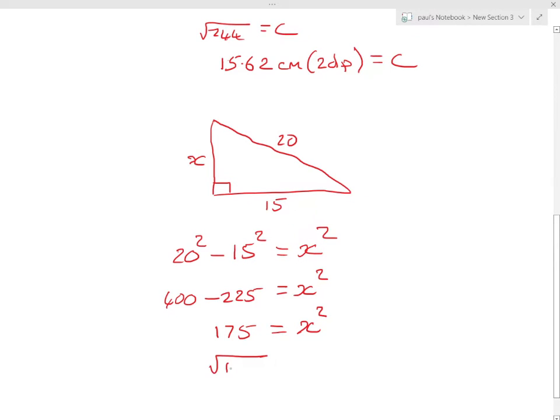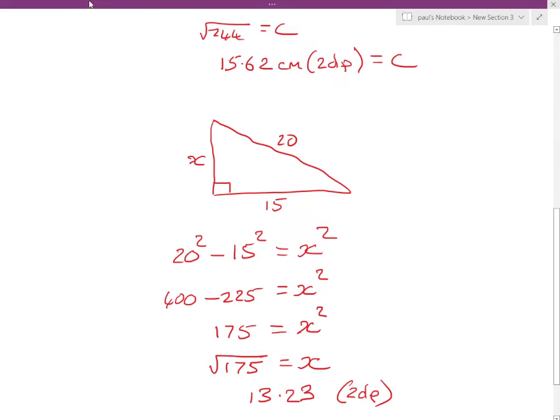The square root of 175 will equal x, which is 13.23, to 2 decimal places. It could be significant figures, it could be 1 decimal place, it could be anything. So when you're finding a short side, it's long take away short, gives you the other one.